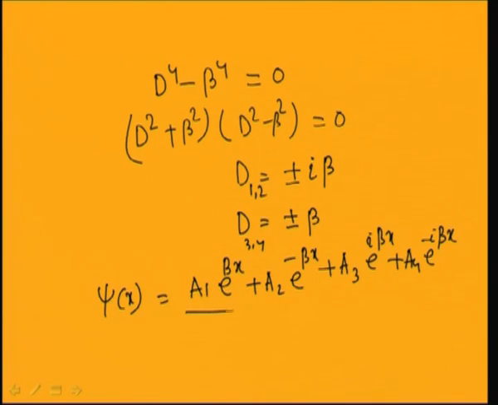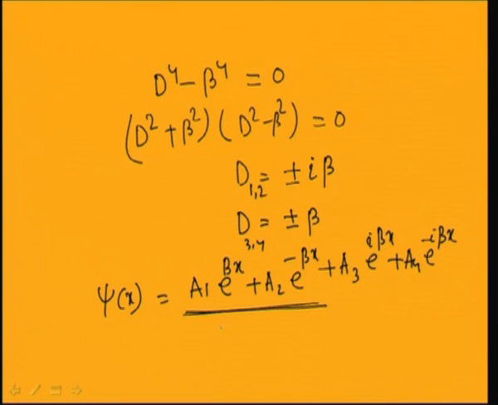You may note that e to the power beta x plus e to the power minus beta x by 2 is equal to cos hyperbolic beta x, and similarly e to the power beta x minus e to the power minus beta x by 2 is sin hyperbolic beta x. Similarly, e to the power i beta x can be written as cos beta x plus i sin beta x, and e to the power minus i beta x can be written as cos beta x minus i sin beta x.